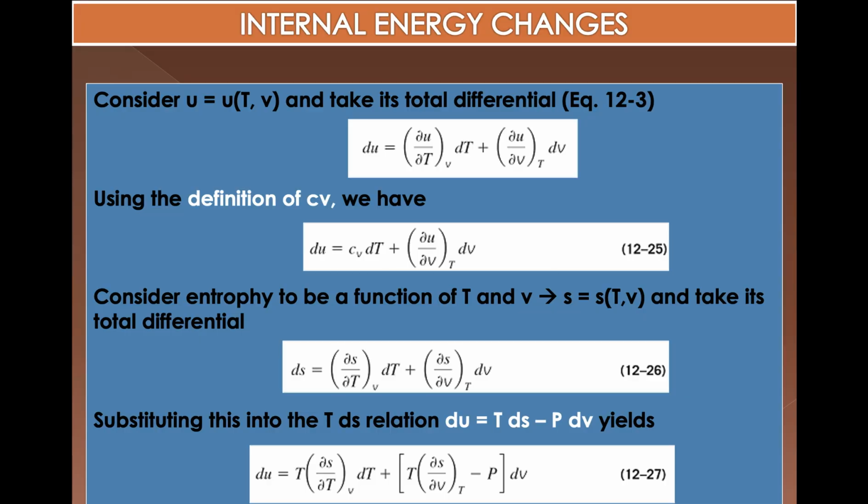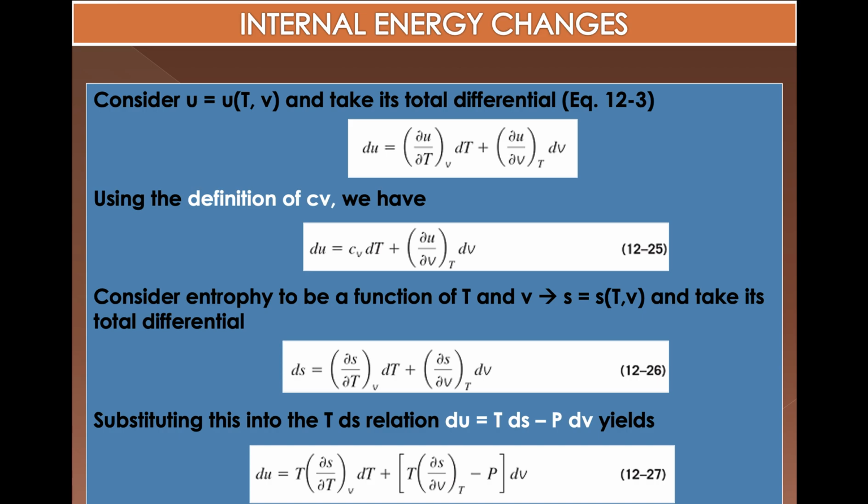Right? Okay, internal energy changes. Consider U to be a function of T and V, and take its total differential, which is dU equals the partial derivative of U with respect to T at constant V times dT, plus the partial derivative of U with respect to V at constant T times dV.